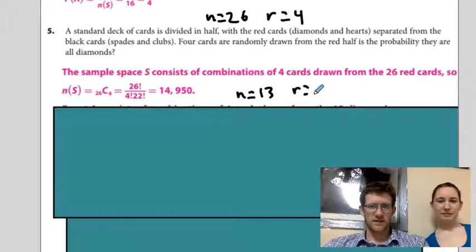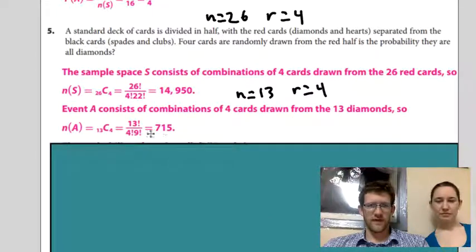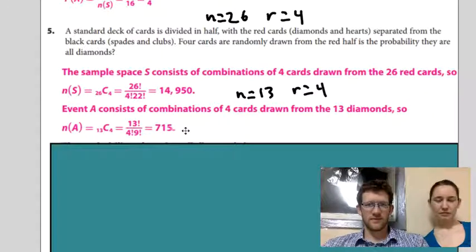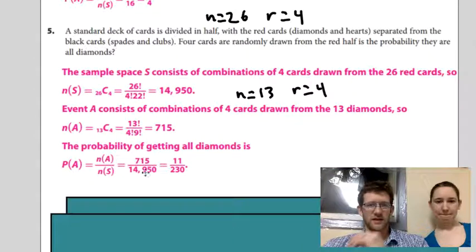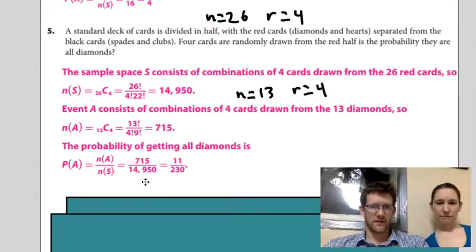And r is still equal to 4. So this is the number of elements in event A, which is 715. So 715 of these 15,000 hands are going to be all diamonds, and then we can come up with our fraction here. 715 out of 14,950. Can you give me a decimal on that, please?